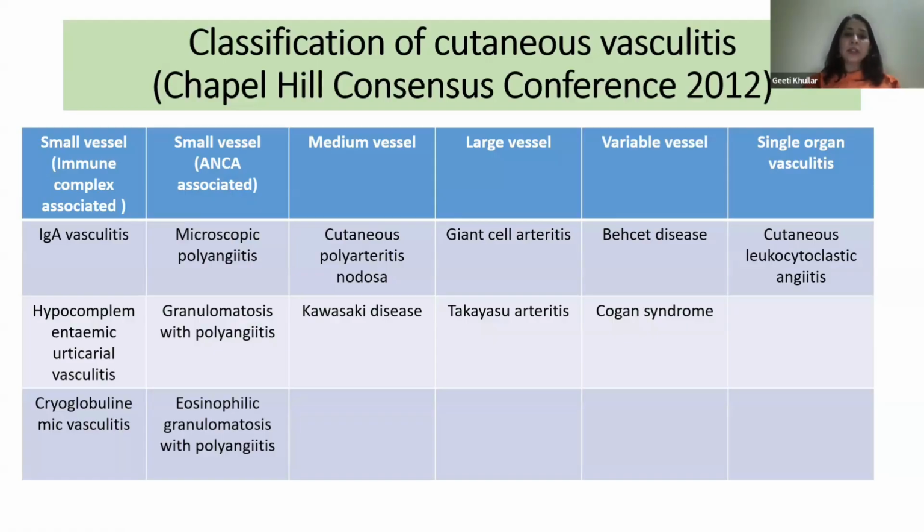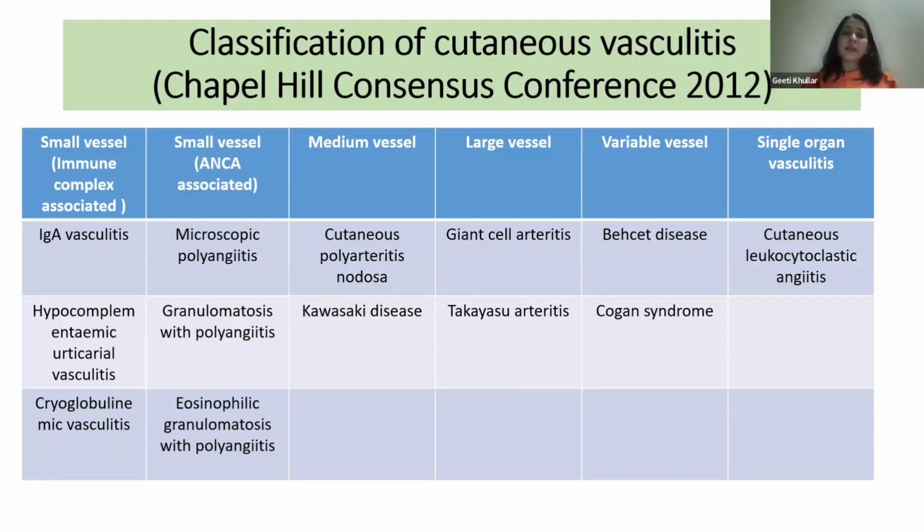The medium vessel vasculitis, classically it is of two types, the cutaneous PAN that again we see, and Kawasaki disease, which sometimes we do get referrals for from pediatrics. And then we have the large vessel involvement, which is not usually seen by us. That is the giant cell arteritis or the temporal arteritis and the Takayasu arteritis.